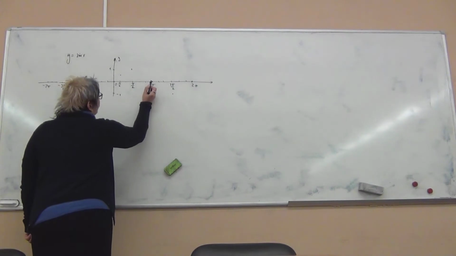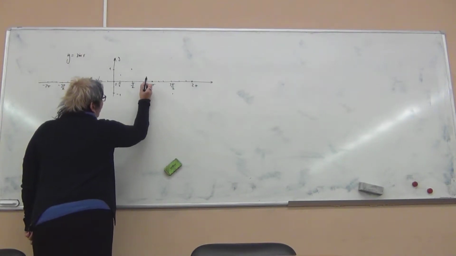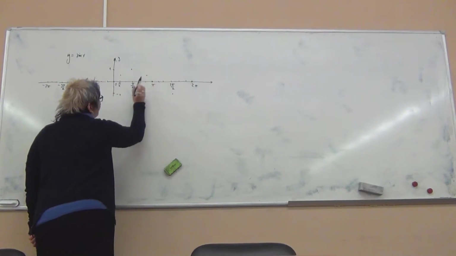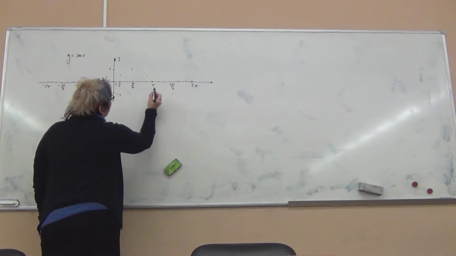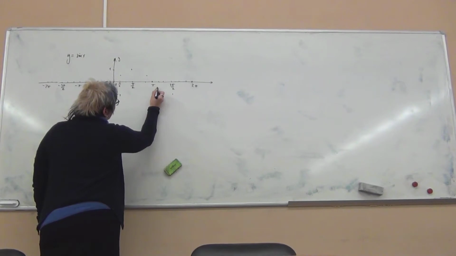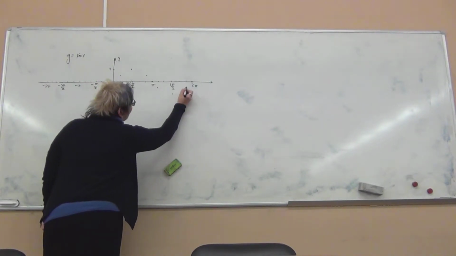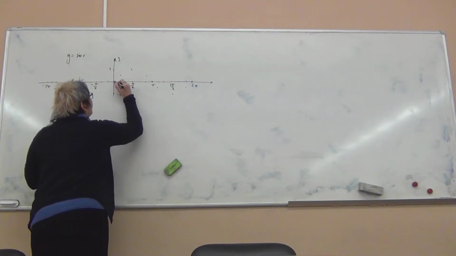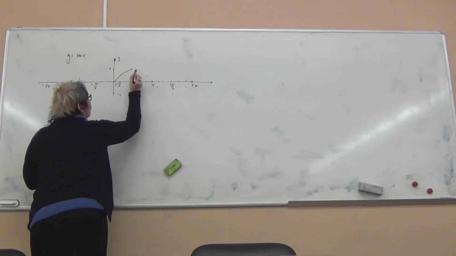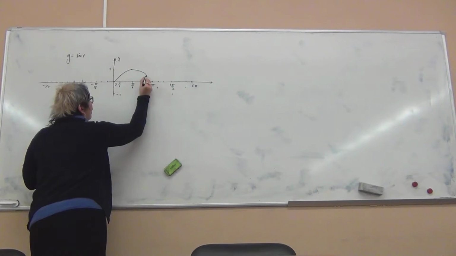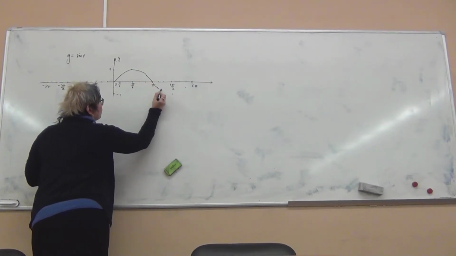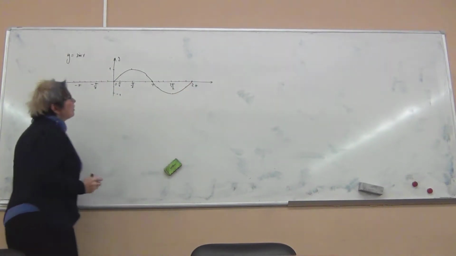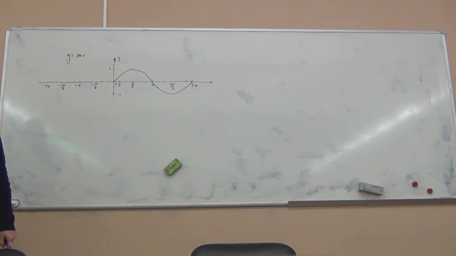So here we can also say that for 5 pi over 6, for 150 degrees, the sine value is again 1/2. And then when we go downwards, of course it's again practically diagonal. So now we try to connect this all with a smooth line. This is one period of the sine function.